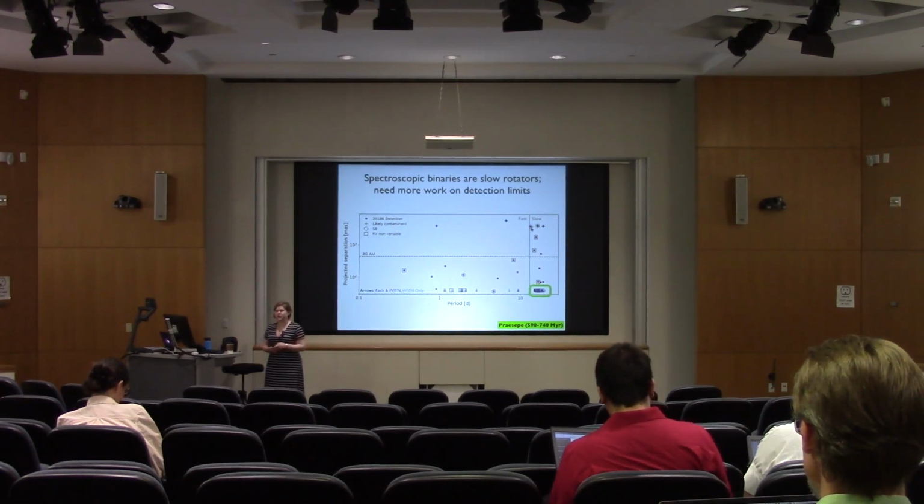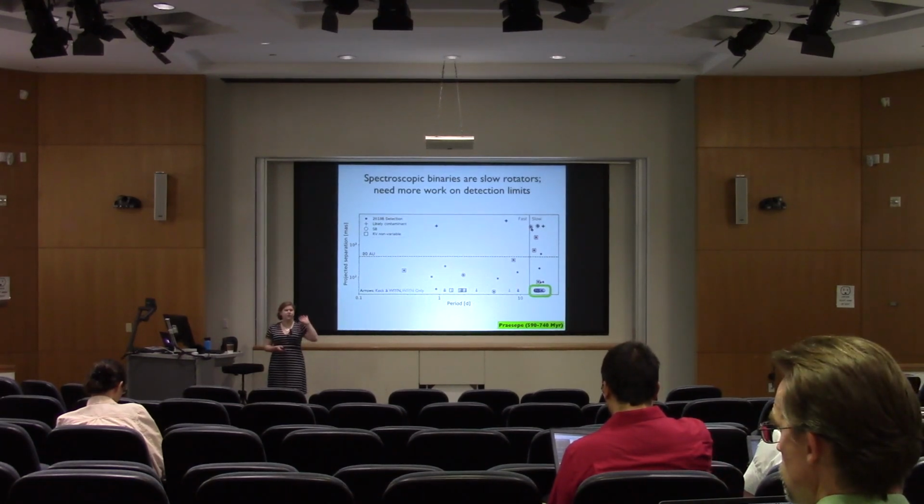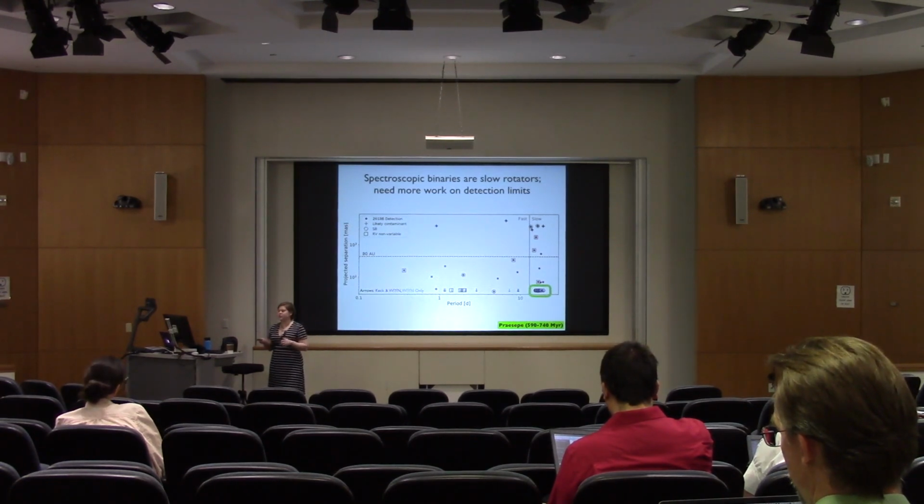And we actually also see this in Willie Torres's Pleiades data for solar-type stars, where the very closest spectroscopic binaries also appear to be slowly rotating, even when tidal synchronization isn't at play.